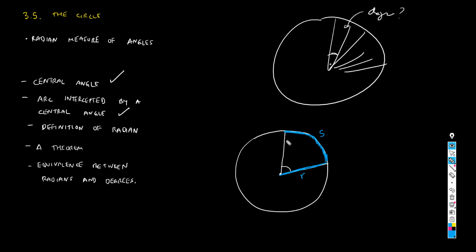If you draw a central angle in such a way that the length of this arc intercepted is equal to the length of the radius, then what you have drawn is an angle of 1 radian. That's what 1 radian means, guys. That's how you draw a radian. Well, no, an angle of 1 radian.